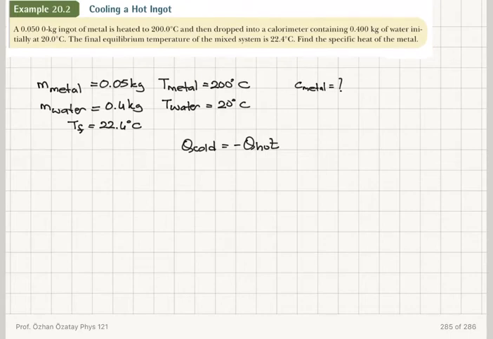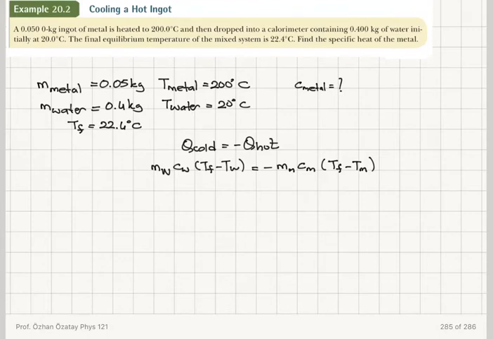The cold object here is water. So it's going to be mass of the water, specific heat of the water, T final minus T water. That's minus mass of the metal, specific heat of the metal, T final minus initial temperature of the metal.